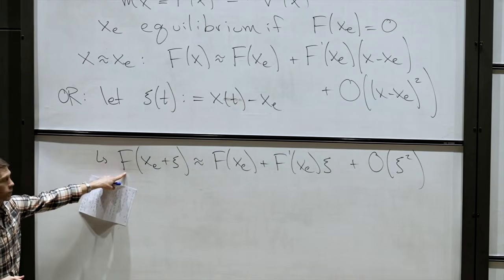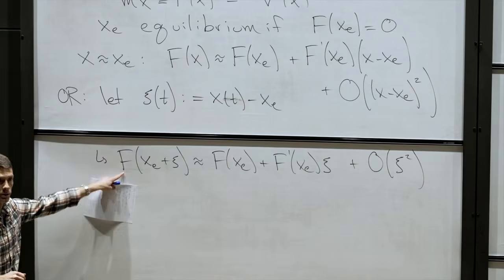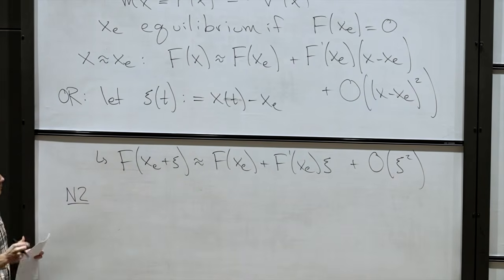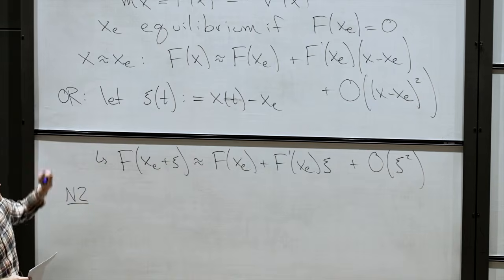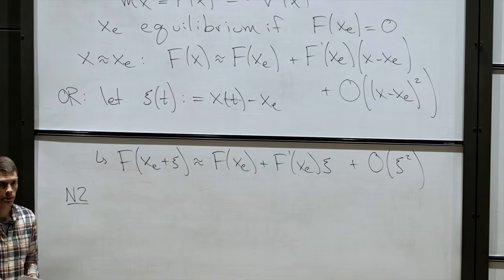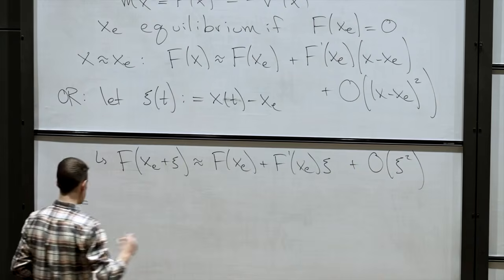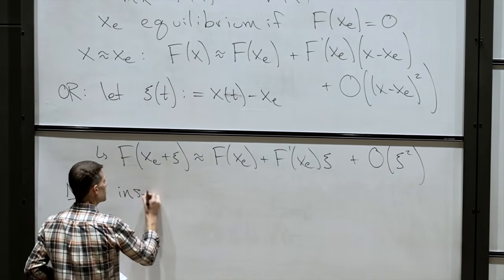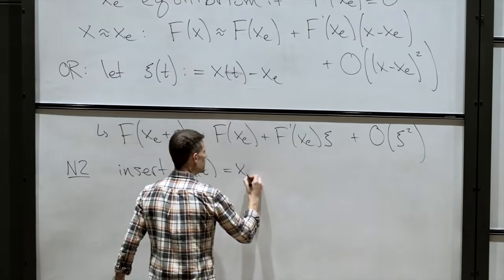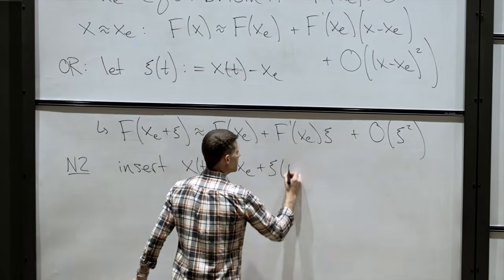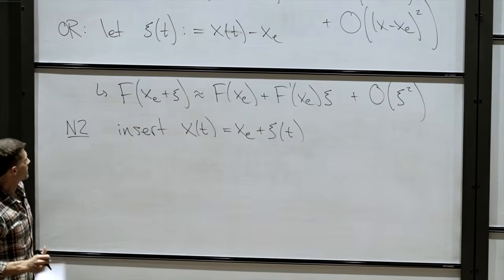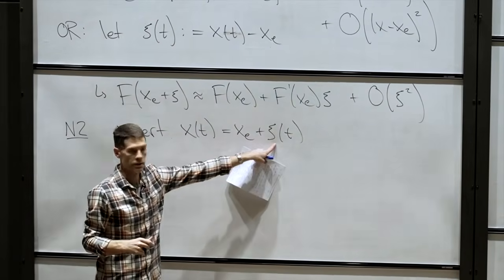This ends up being a more useful representation because what I want to do is take Newton's second law and insert x of t is xe plus some psi. And I don't know what that psi is. That's what I'm trying to work out. And so what I get is, if I take two derivatives, that just goes to psi double dot.